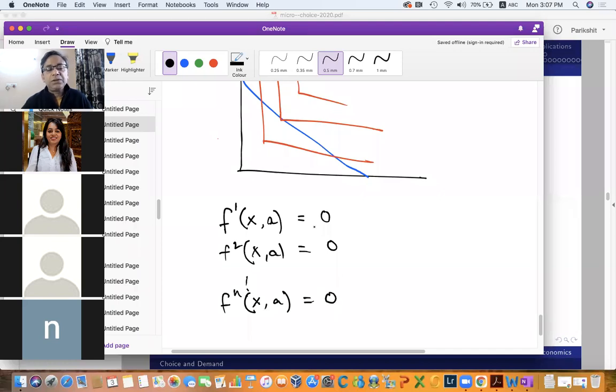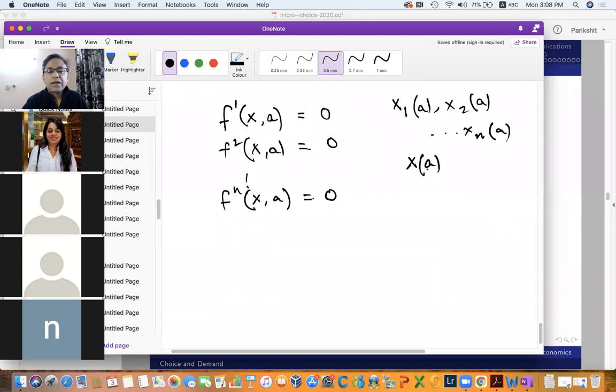Now, in principle, I can solve all of this, and I can find x1 as a function of a, x2 as a function of a, and so on. This is my solution, if it exists. The solution vector, let's call that x*(a).